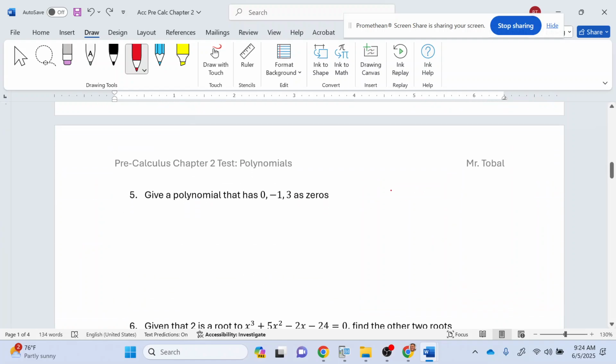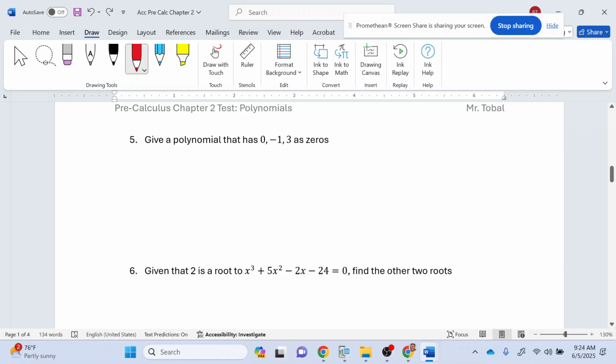Let's keep going. All right, give a polynomial that has these zeros. If I know it has these roots, these zeros, these solutions, these x-intercepts, I know before I had this must have been x. Before I had this might have been x plus 1. Has to be. And this had to be x minus 3 equals 0.